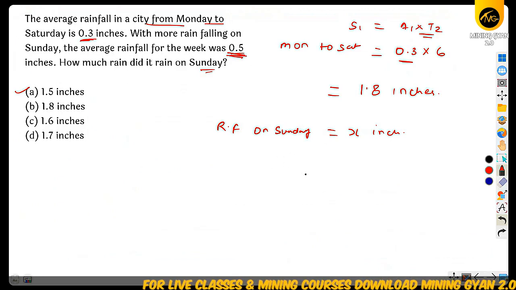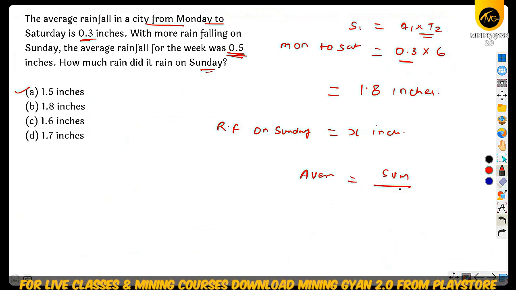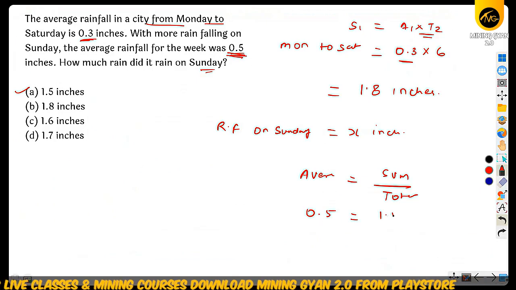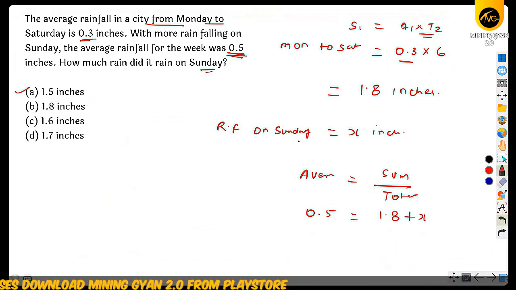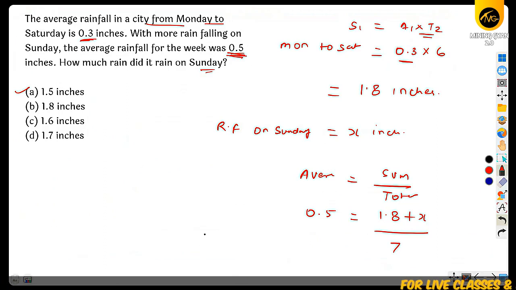That means average is equal to sum divided by total elements. We already have the average, that is 0.5 for 7 days. Now what will be the sum? 1.8 is the 6 days' rainfall plus X is the rainfall of Sunday, divided by the total number of elements, that means total days, that will be 7. Now just find out the value of X and you will get the answer.